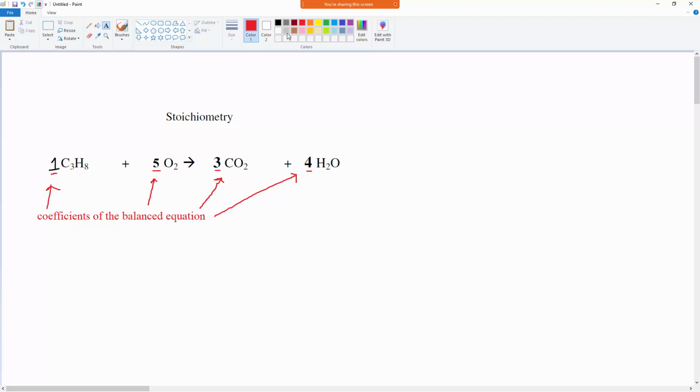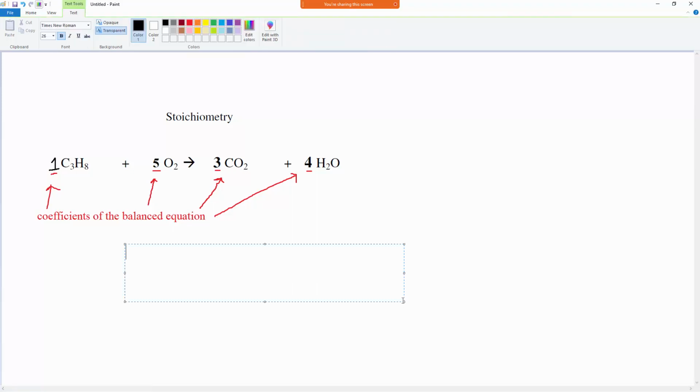So you could say, look, if I burn 1 molecule of C3H8, then I will produce 3 molecules of CO2. And so for the purposes of this equation, it's like those 2 things are equal, because if I've got the one, then I'm going to get the other.